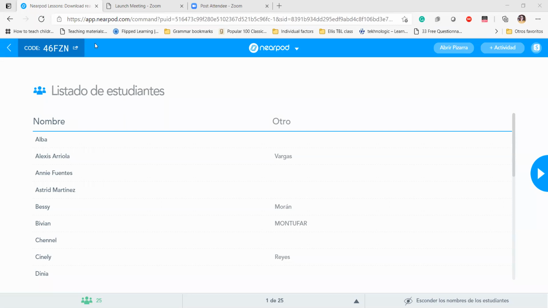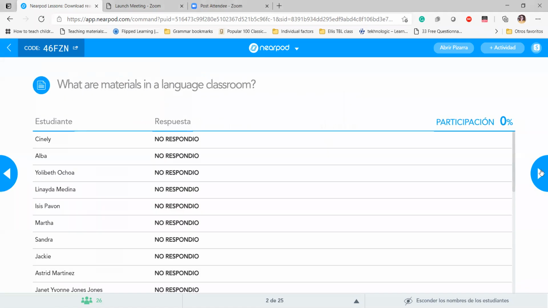Okay. So we're going to start with today's class. If you go to the Nearpod, you're going to see the presentation and you're going to be able to interact with some questions that I have. So we're going to start off with a question. And it's, what are materials in a language classroom?